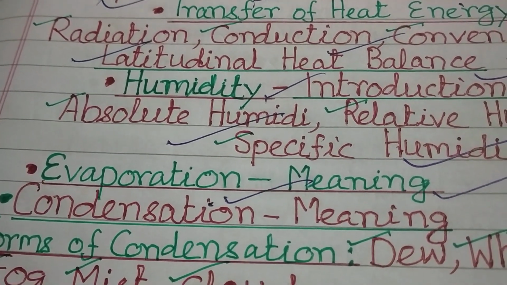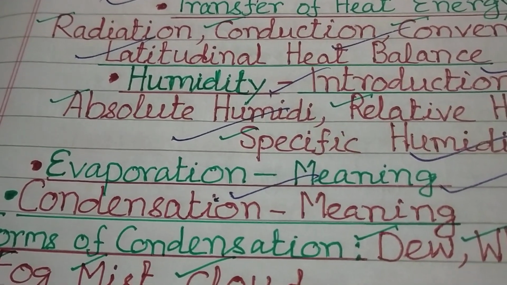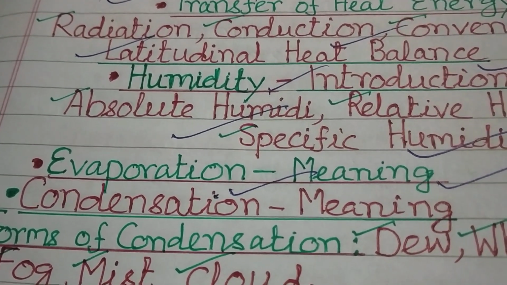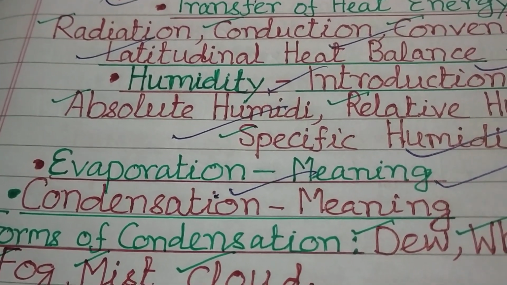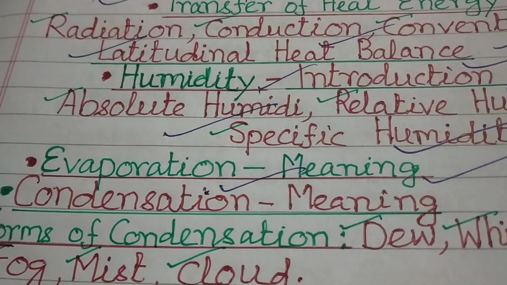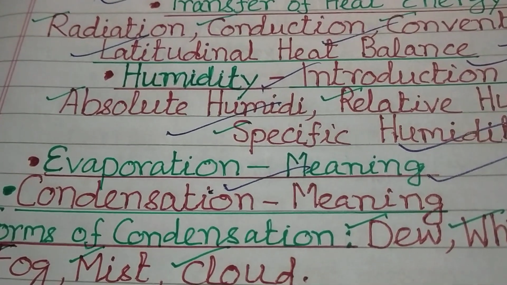The moisture or humidity in the atmosphere is nothing but water vapor, which has escaped from oceans, rivers, lakes, ponds, plants, animals, and humans into the atmosphere.